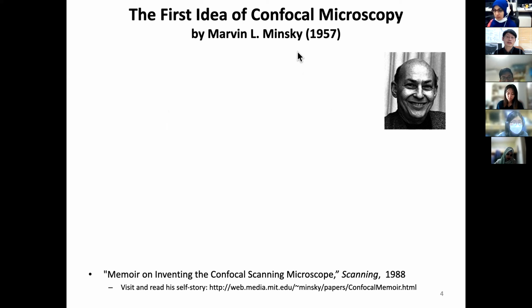But let's first think about the history of confocal microscopy. Here I bring a person called Marvin Minsky, who is at MIT. He is very famous not for confocal, but for AI. In fact, he's the so-called father of artificial intelligence.